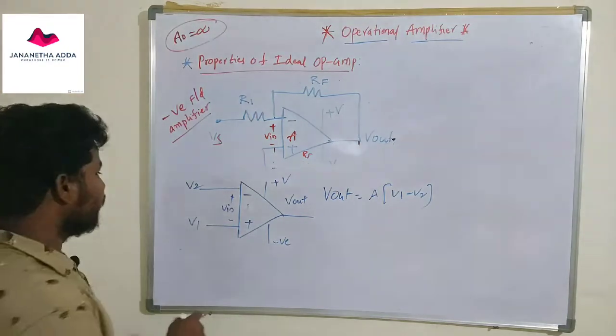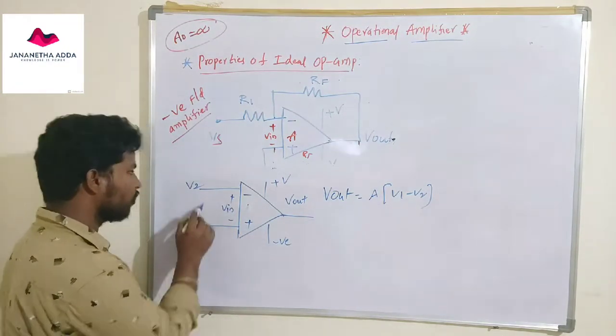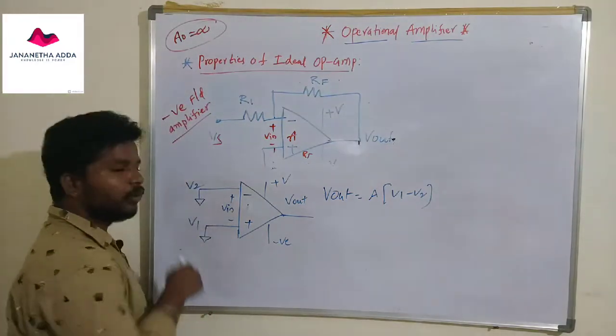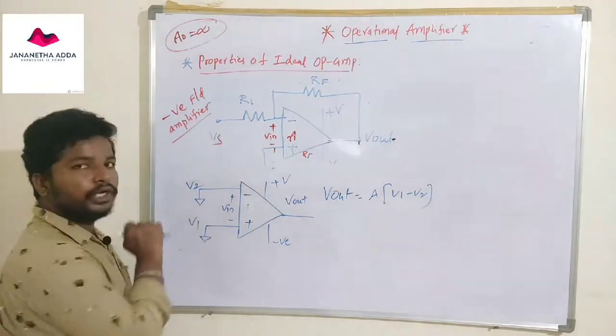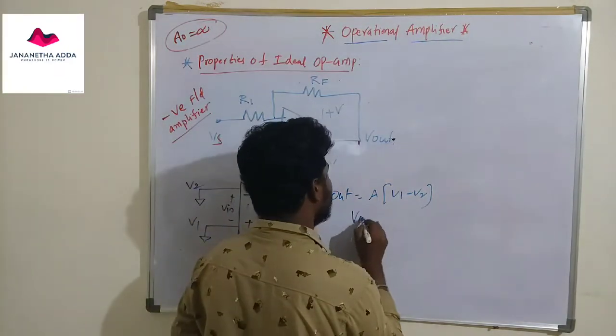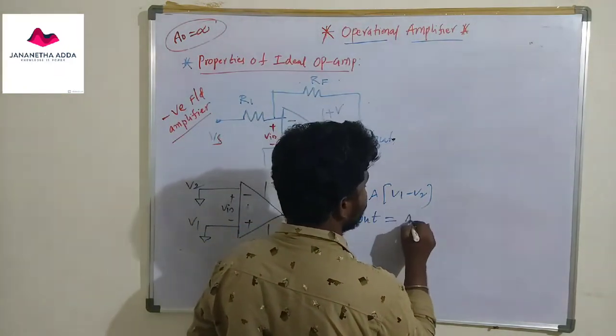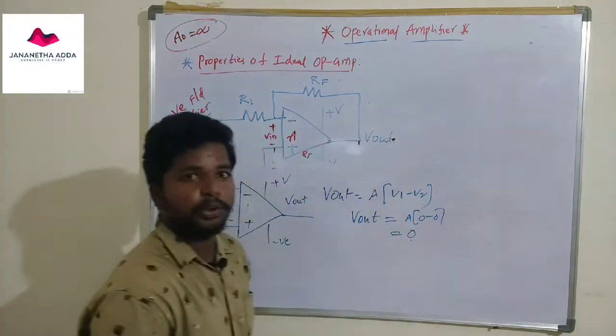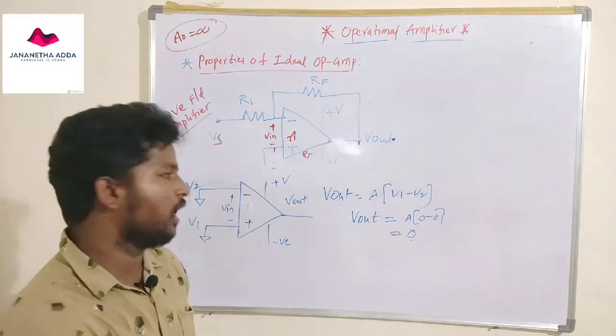If I ground both input terminals, if I make V1 equal to 0 with respect to ground and V2 equal to 0 with respect to ground, then the V output should be equal to 0 irrespective of the gain of the operational amplifier.